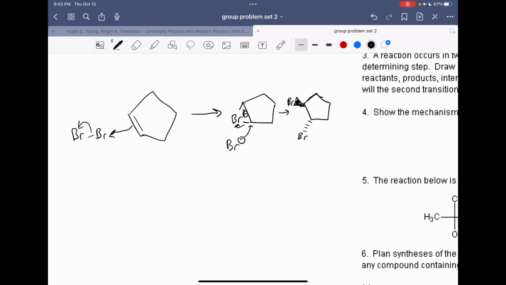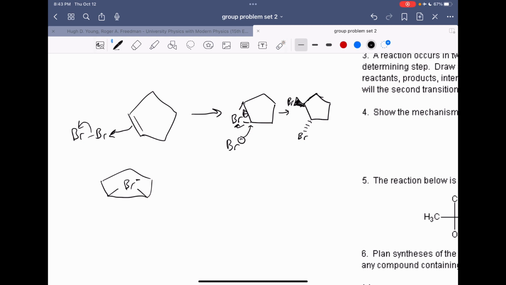Just because if you want to think about a side view of this thing, the bromonium ion is actually kind of like this. It's kind of like both up. And this reaction is almost sterically controlled because there's a lot of space on this bottom region where nothing is bonded.